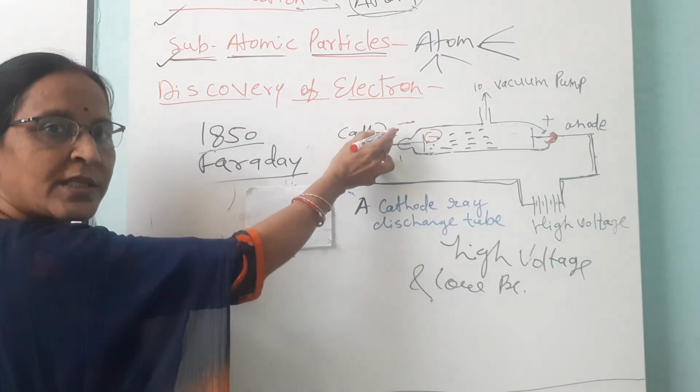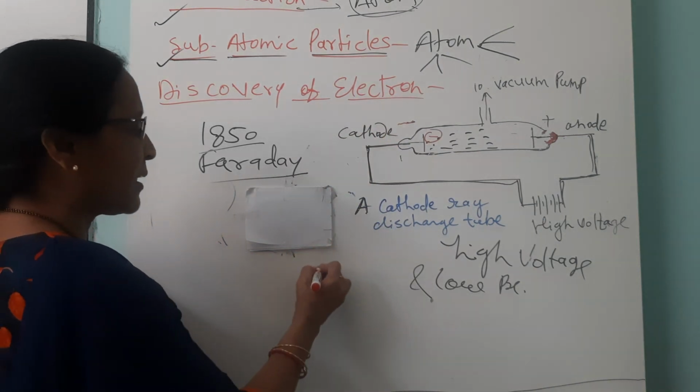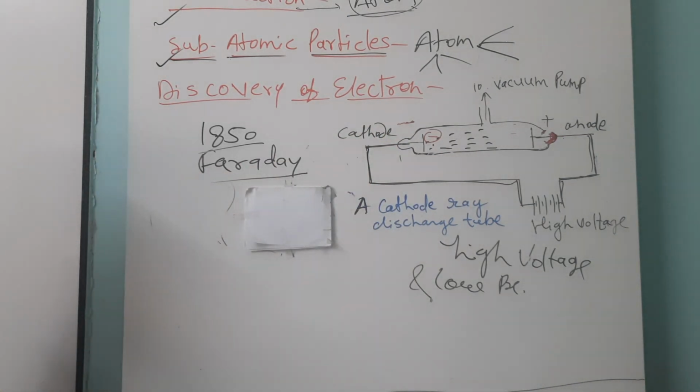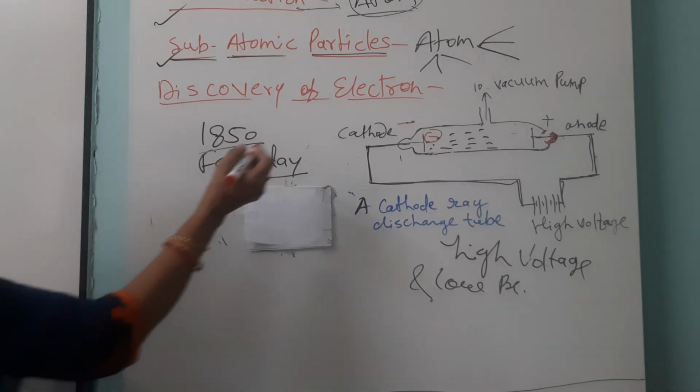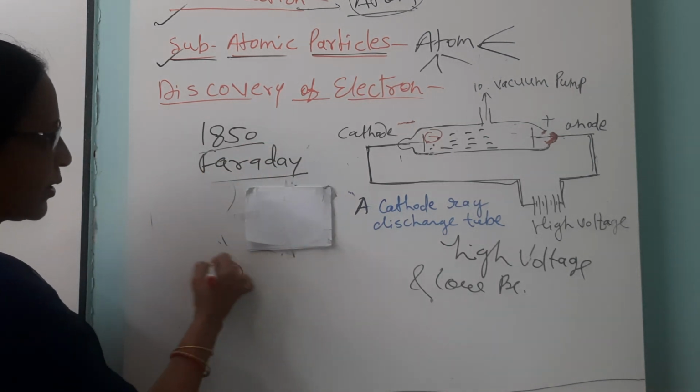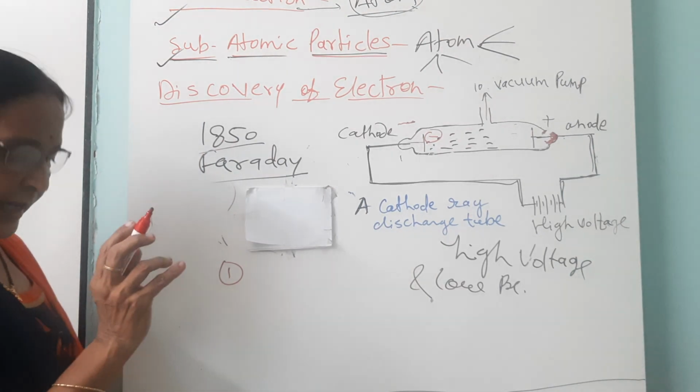Because the cathode is negative, they considered that some negatively charged particles are emitted from the cathode on passing the electric current.